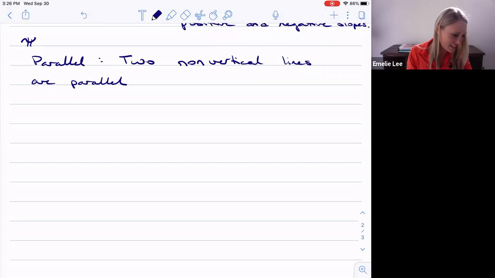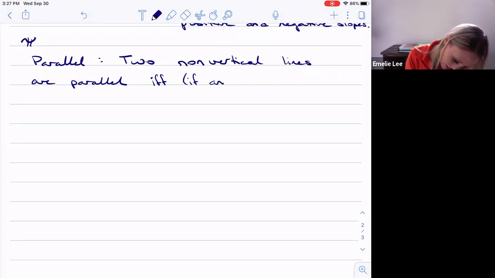Two non-vertical lines are parallel if and only if. Are you guys okay with IFF, if and only if? Well, you will be. If with two F's is if and only if.